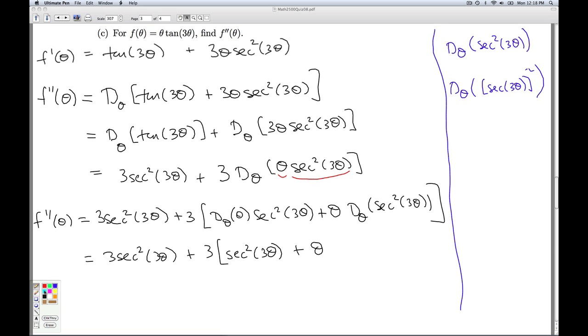If you take the derivative of something squared, it's 2 times that thing times its derivative. Okay, so it's 2 times that thing times its derivative.